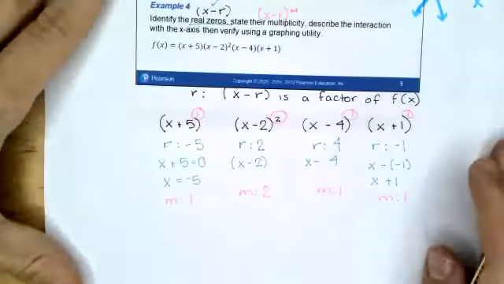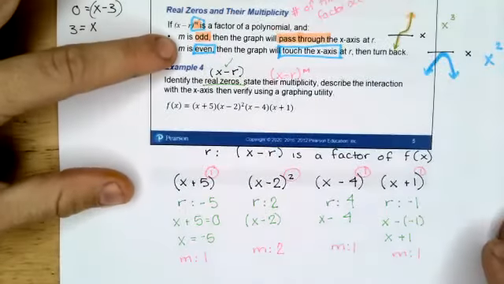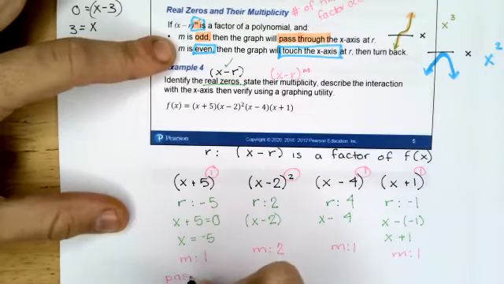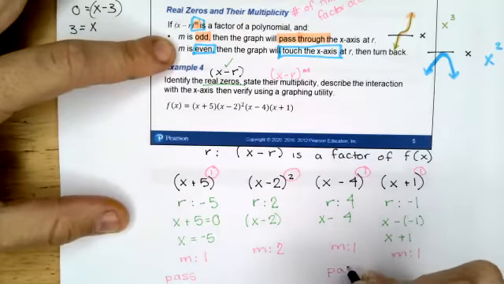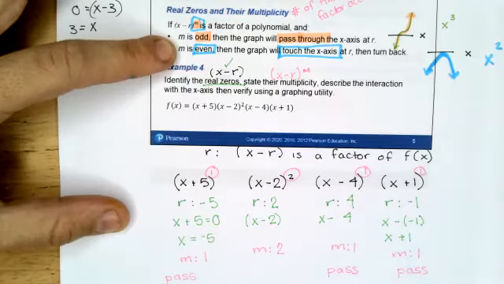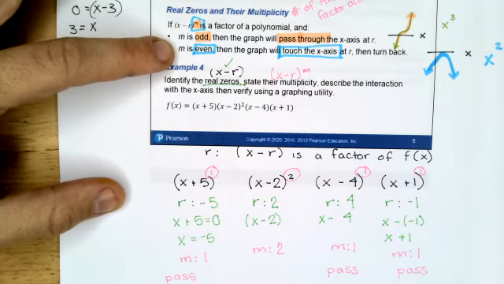If your multiplicity is odd, it passes through. And you can call it cross, you can call it whatever you want. I'm not very consistent, so I'm trying to be consistent.